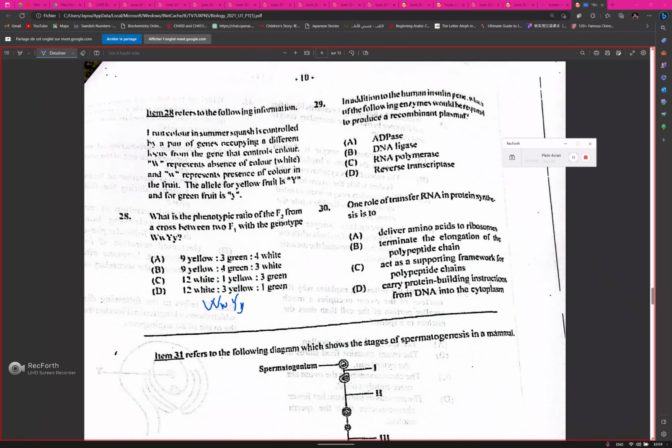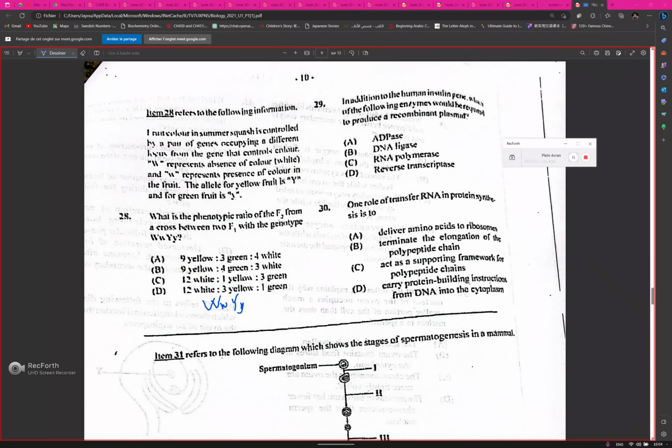So we're saying that the first gene, the W, the capital W represents the absence of color, while small w represents the presence of color. So the gene W controls color presentation, while capital Y shows yellow and small y shows green.